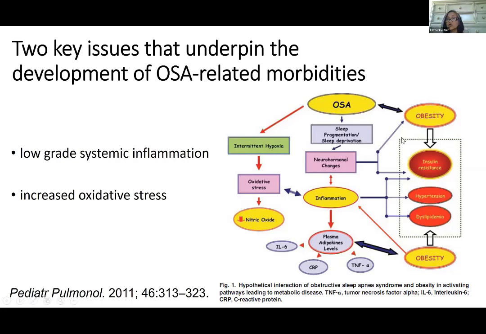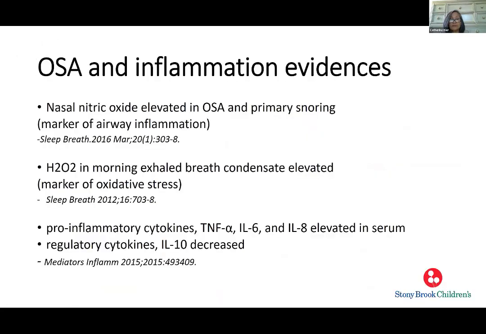Now, obesity can lead to OSA, and OSA can also lead to obesity, so they feed each other. And you can see on the obesity line that the metabolic syndrome derangements, including insulin resistance, hypertension and dyslipidemia, also involve your pro-inflammatory pathway.